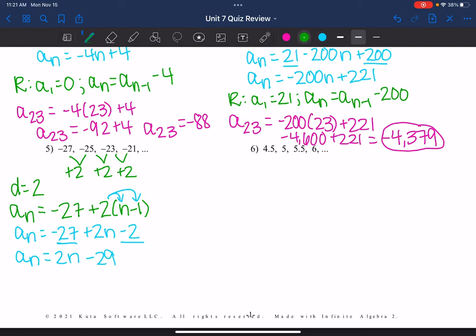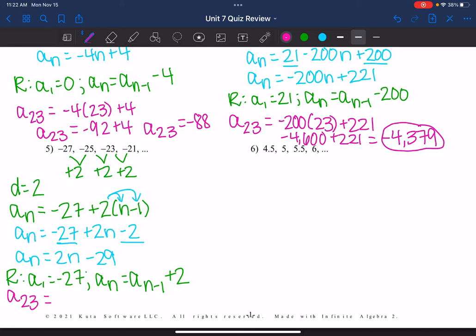So then to find my recursive formula, we have my first term equaling negative 27. Then I've got a sub n equals a sub n minus 1 plus my common difference, which would be plus 2. For my 23rd term, I take my explicit formula and plug in 23 for my term number.